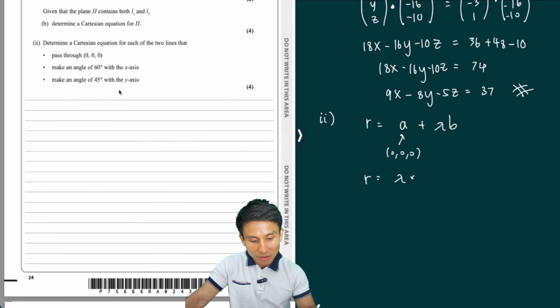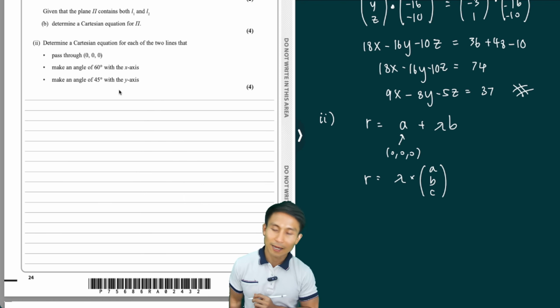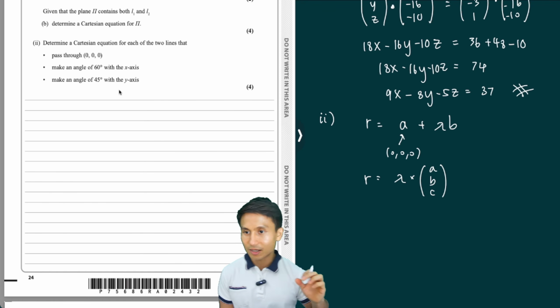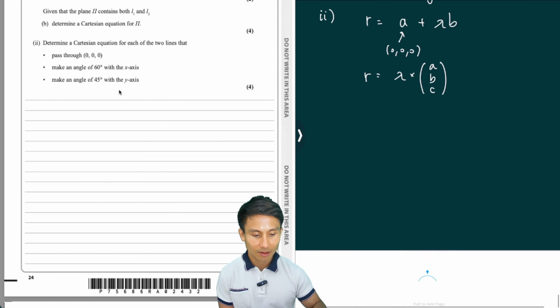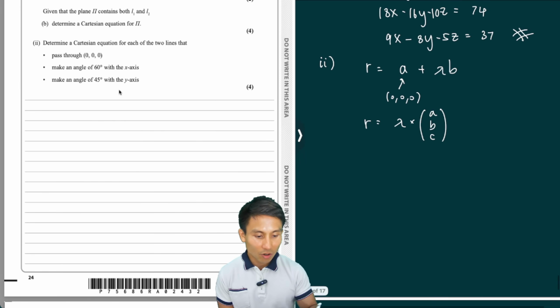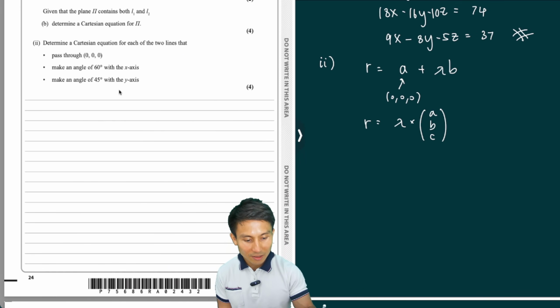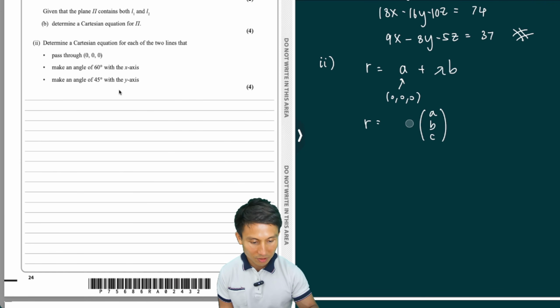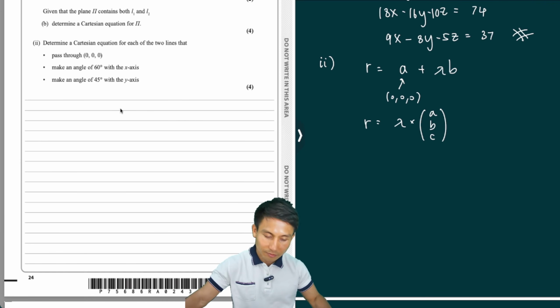Now let's put the direction vector as, I don't know, a, b, c, and we're going to find these a, b, c. Or we can just say that lambda b together is just a, b, c. I'm just going to do lambda for now.